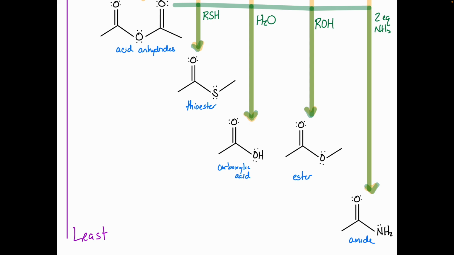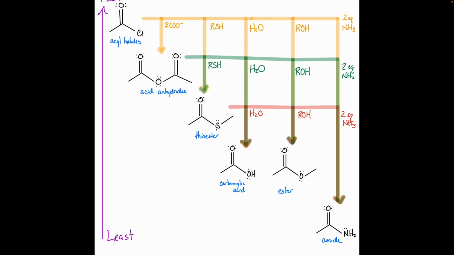My thioester, same game, can convert that into a carboxylic acid, an ester, or an amide, by adding water, an alcohol, or two equivalents of an amine.